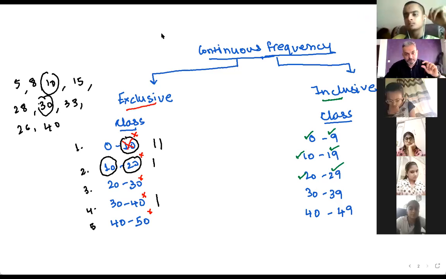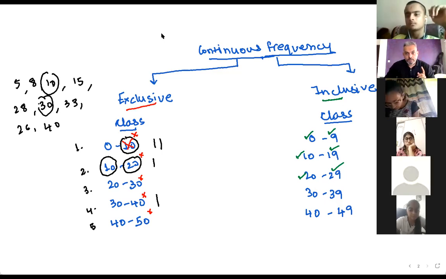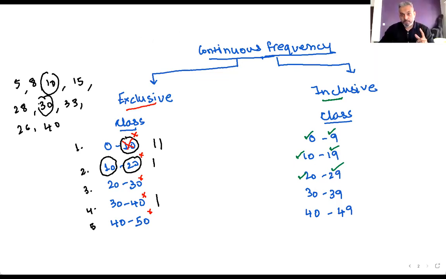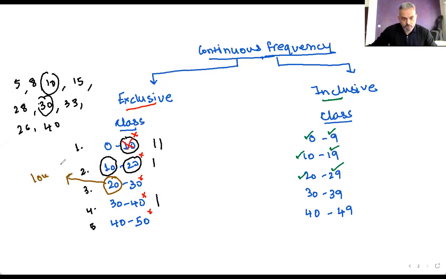Is this concept of exclusive, inclusive clear? All of you understood inclusive and exclusive? Now, this one, 20 to 30. So this 20 is known as lower limit, and this 30 is known as upper limit.